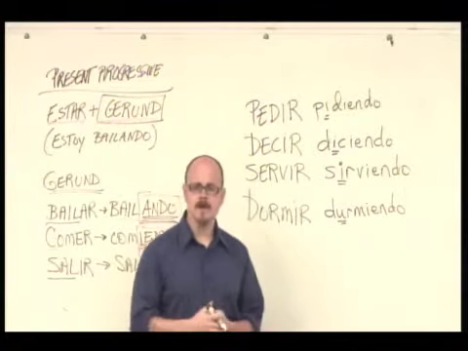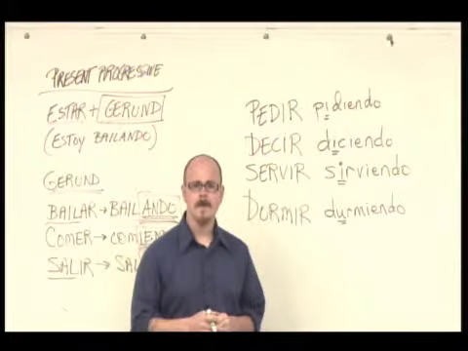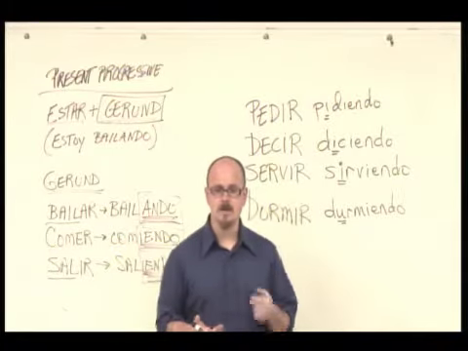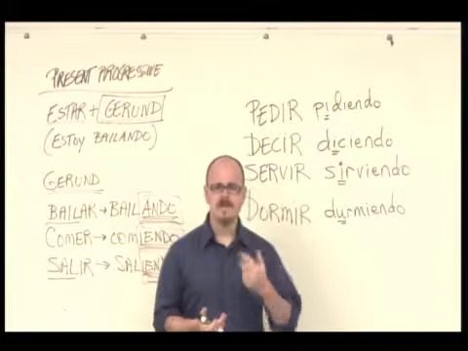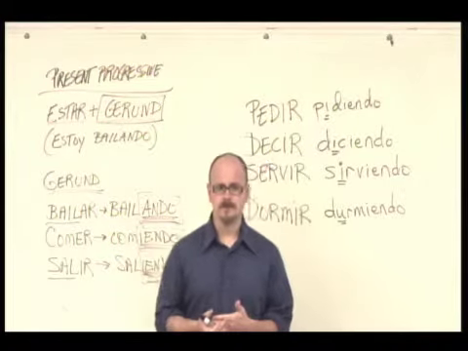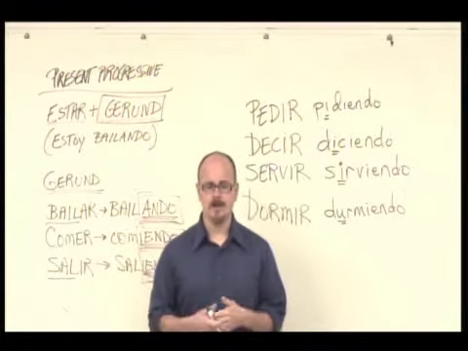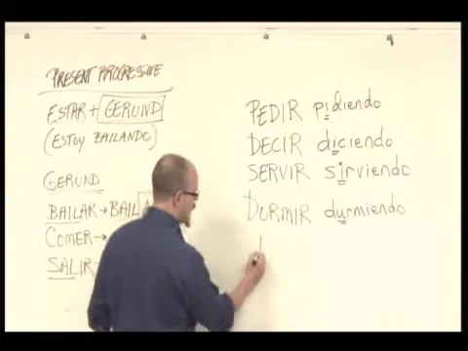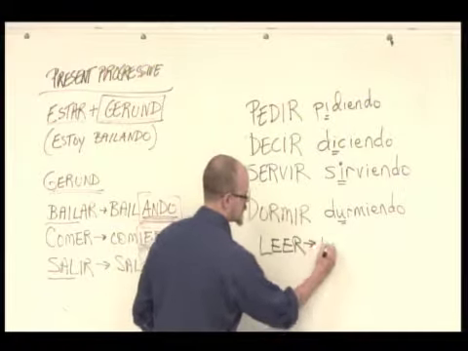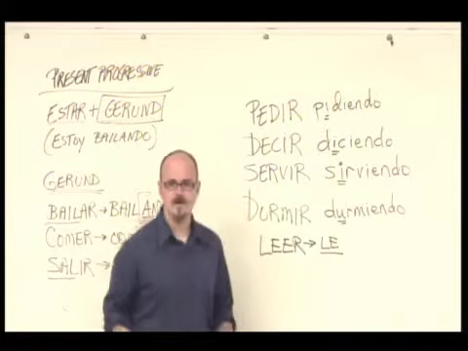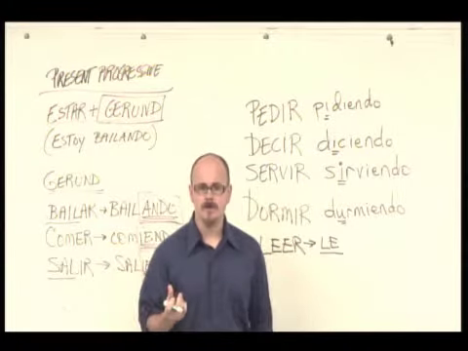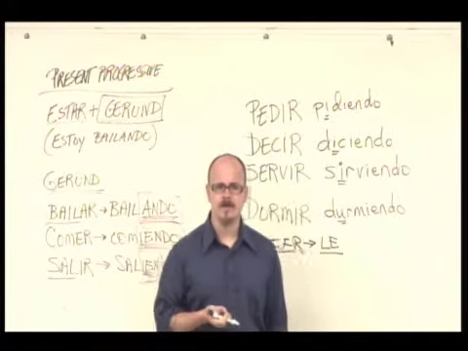There's also a couple of spelling changes we have to be careful of. For these ER and IR verbs, whose ending in the gerund would be iendo, if an ER or IR verb has a stem that ends in a vowel, meaning we've cut the ending off, and the stem ends in a vowel, such as leer, would have the root or stem of le. If we just add the normal ending of iendo, it becomes a bit too much of a mouthful for us to say.